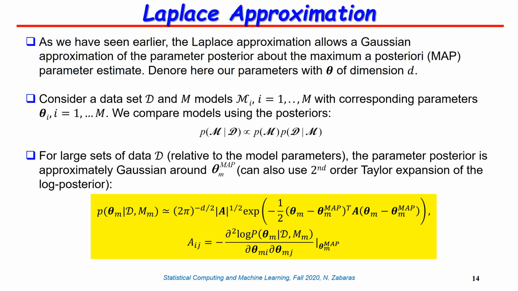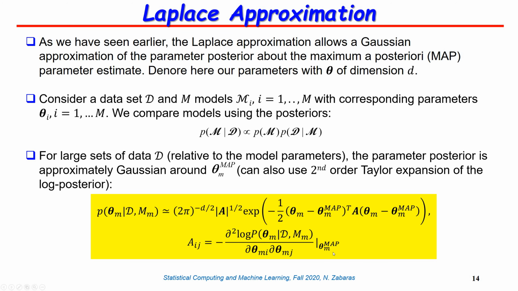So a good way to derive the Laplace approximation, and I'm not going to do it, I'm going to highlight it: if you take the log posterior and do a Taylor series expansion, keeping up to quadratic terms, around the MAP estimate, so at the theta point estimate that maximizes the posterior, then you get a constant term and this quadratic term where A is minus the second derivative of the log posterior at the MAP estimate.